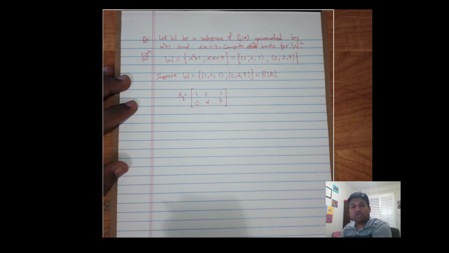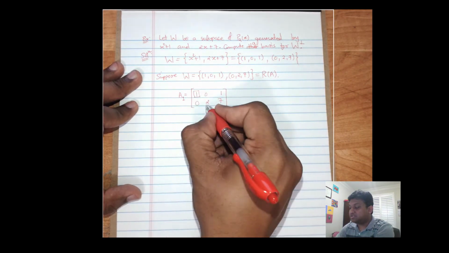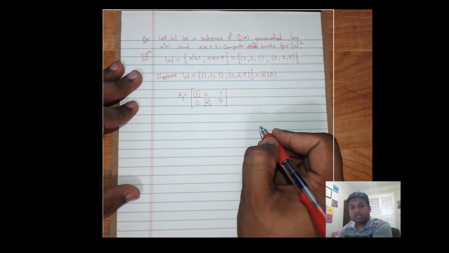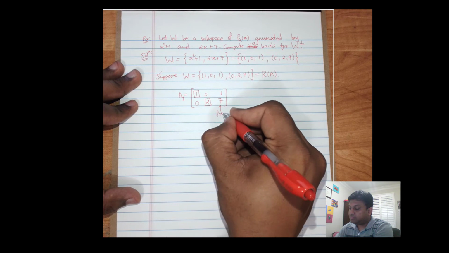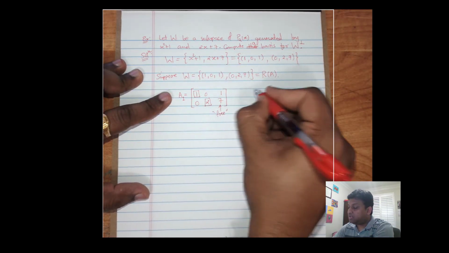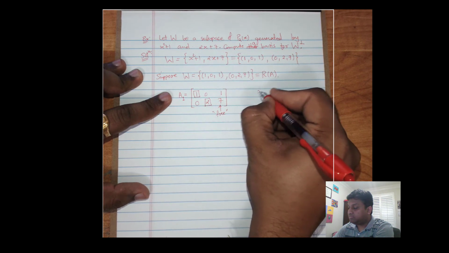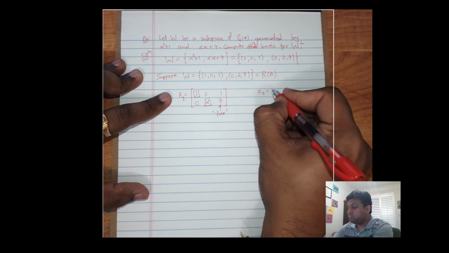Try to reduce it into echelon form. Realize that it's already in triangular echelon form. Two pivots mean there is only one free variable. Let's call that free variable x3 equal to t.